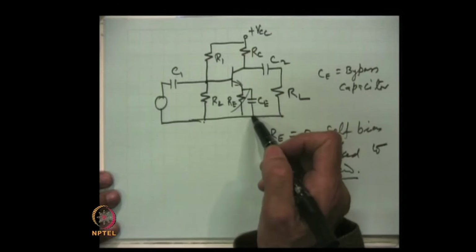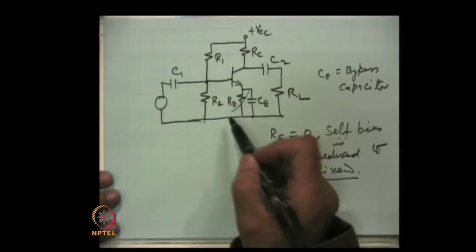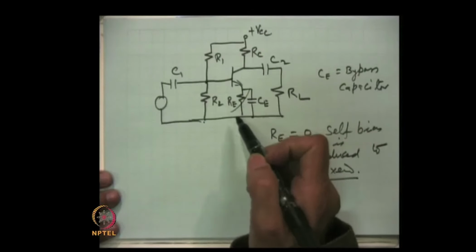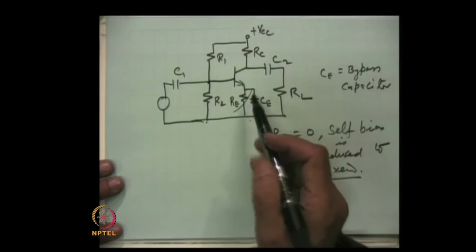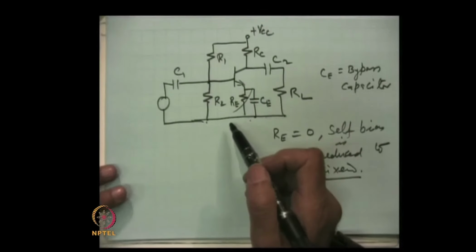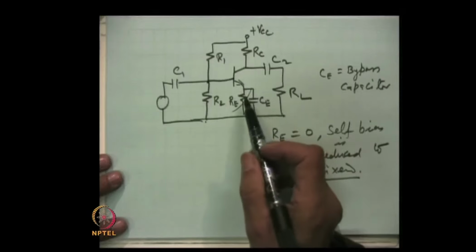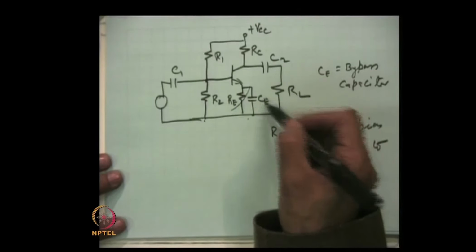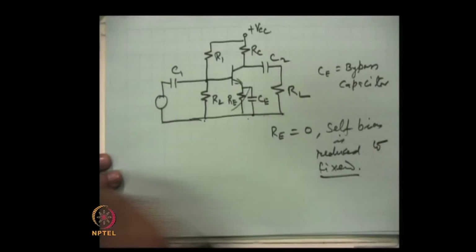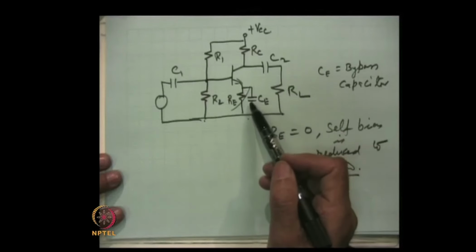It will pose an infinite impedance for DC. So for DC purposes the Re is there, and we bypass it so that the AC signal is not significantly reduced, because whatever AC signal falls here is the net loss, and the signal strength will fall at the load resistance. So this is the meaning of bypass.